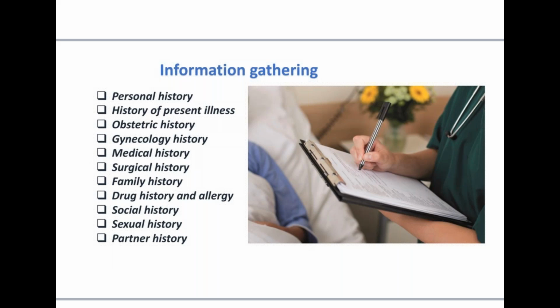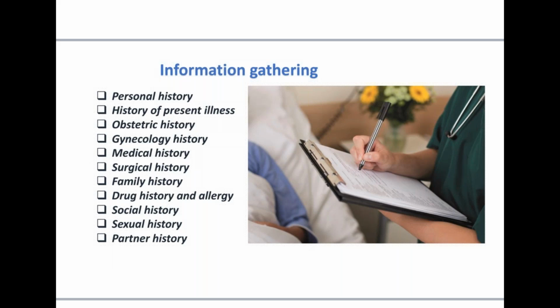So in subfertility case, we add these two histories. We need to talk about the sexual history, how long they have been together, if they have a regular sex, do they have any problems with the intercourse itself, any pain, any problem during the intercourse, how frequent, like that.